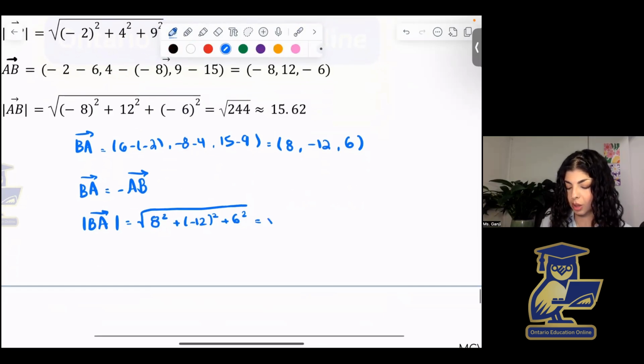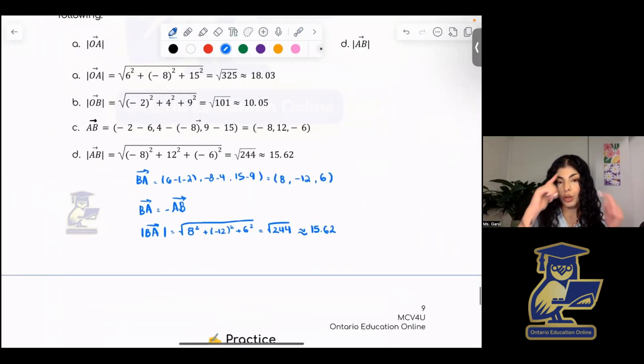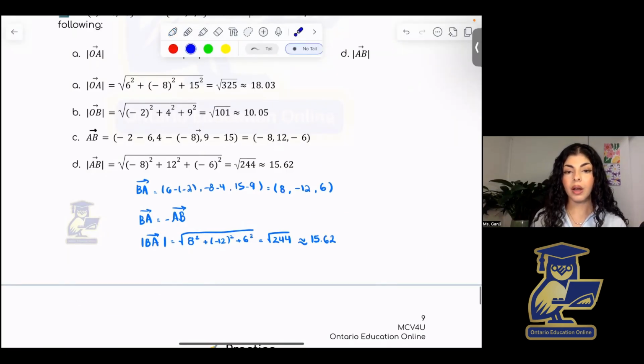So ultimately, this also ends up at square root of 244, which is approximately 15.62. So this goes to show you again that we have opposite vectors. The magnitudes are going to be the same, but just their direction is opposite. So this one is going to be the negative of the other.